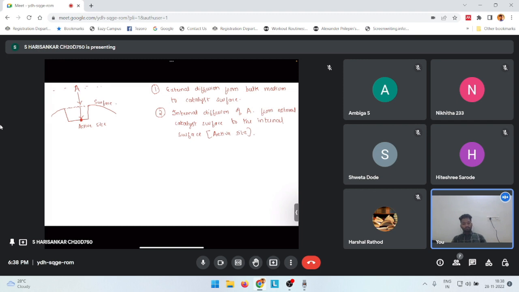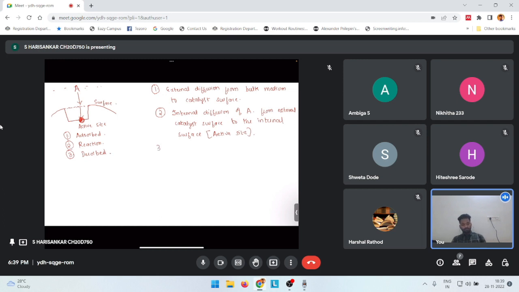Once it reaches the active site, 3 things happen here. The first thing is it should get adsorbed by the active site, then your reaction will happen, and then the products should get desorbed. These are the next 3 steps in your catalytic reaction.